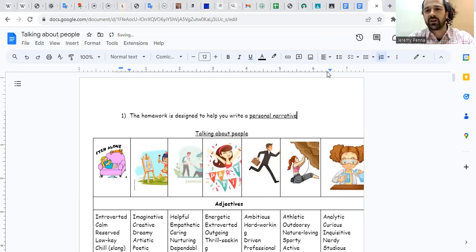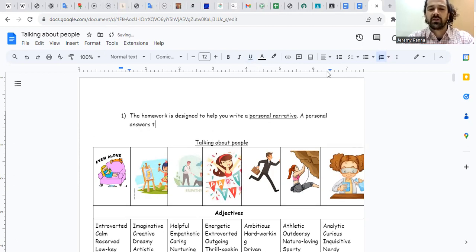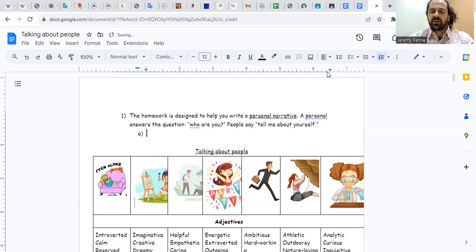A personal narrative answers the question, who are you? One of the first things that you'll have to do when you meet a new person is, people say, you know, tell me about yourself. So this homework is designed to help you do that.